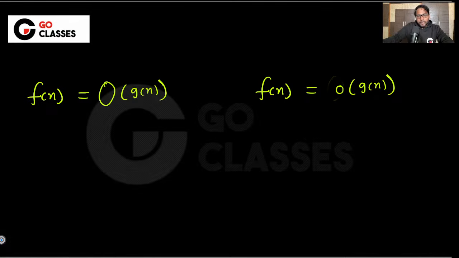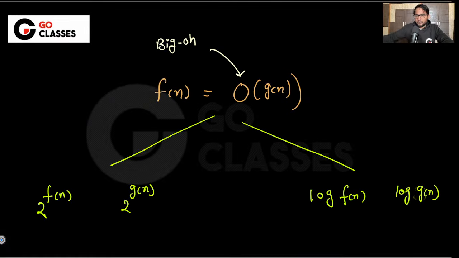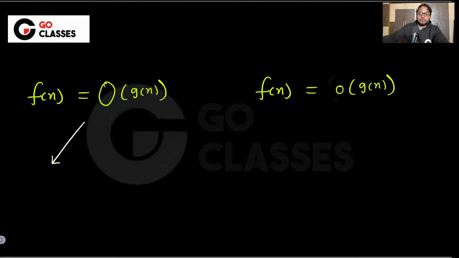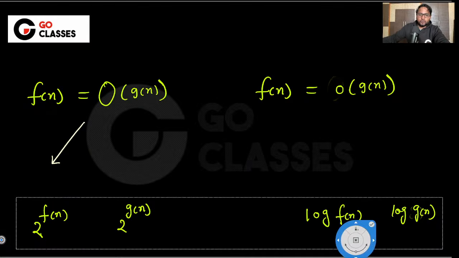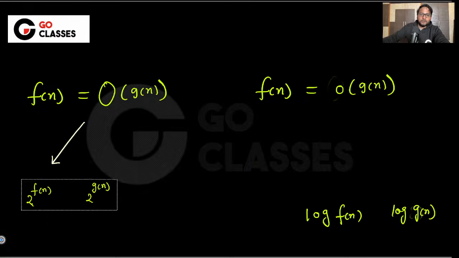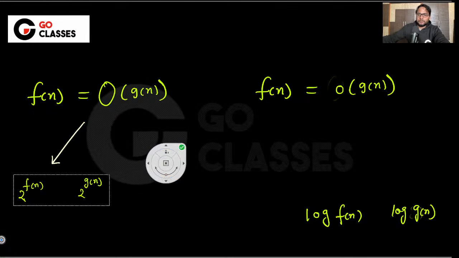Here in case of big O, if I ask you about the relation between this, let me copy this so that I do not need to write it again. What is your answer?